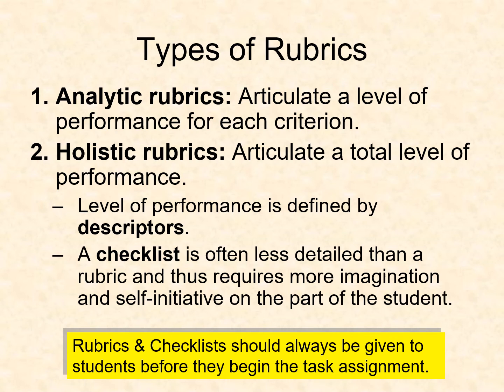Ideally, rubrics and checklists should be given to students before they start the task, because again, we want them to understand in advance what the level of performance is and what the point values associated with each level of performance are. And in these ways, we empower our students.